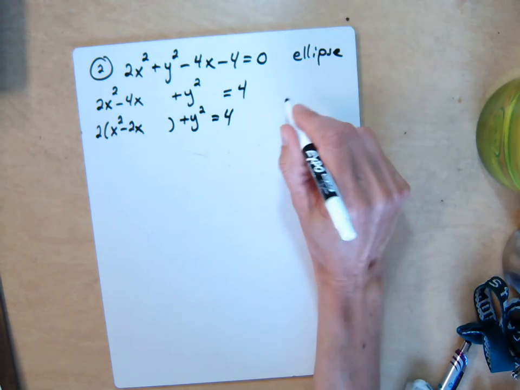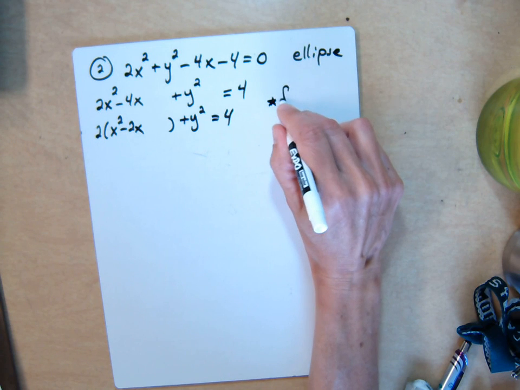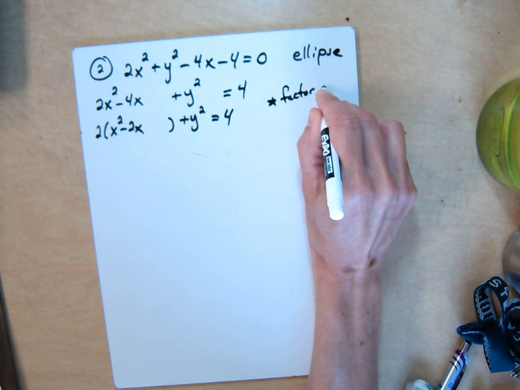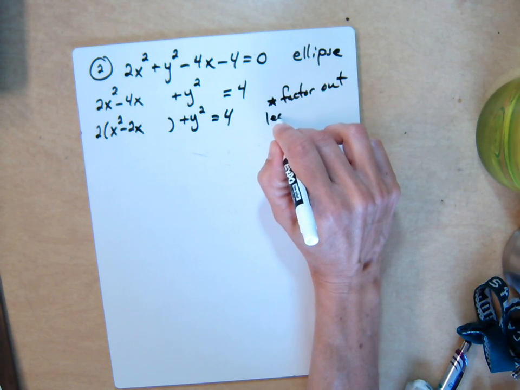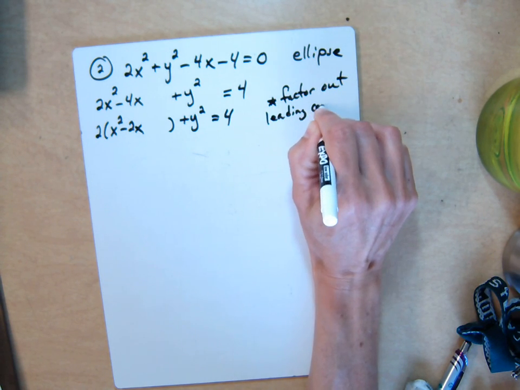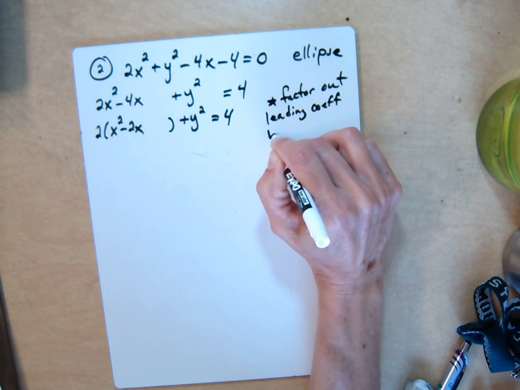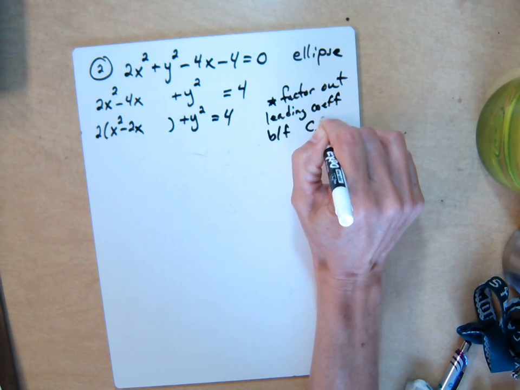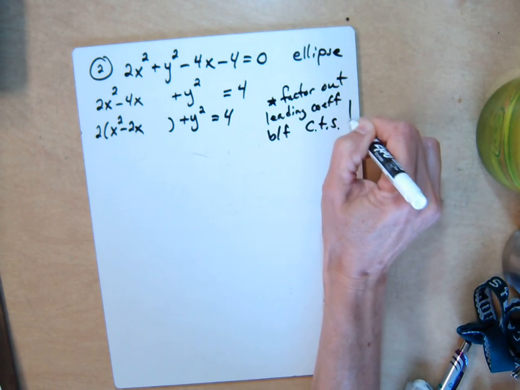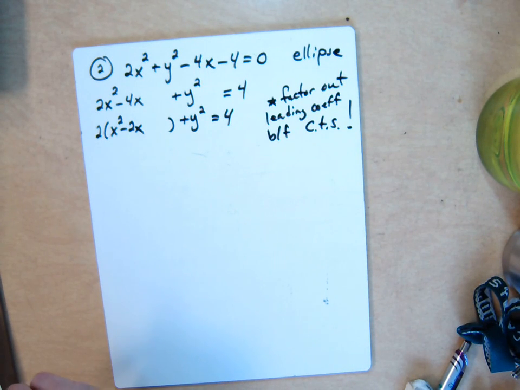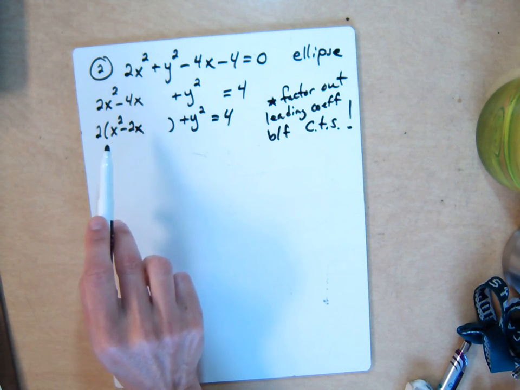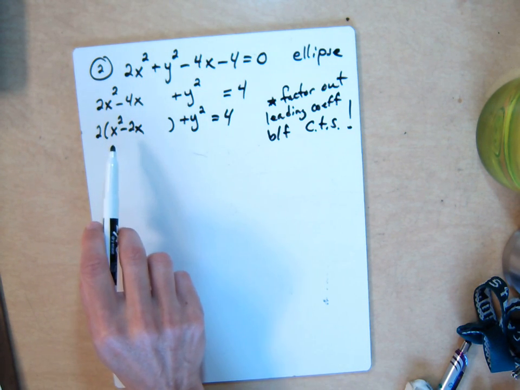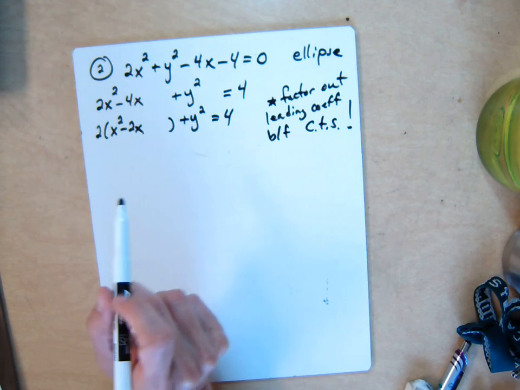Don't forget to factor out any leading coefficient before you try to complete the square. So these are equivalent, right? I just took the 2 out, because the standard form doesn't have anything in front of x squared, so neither can I.